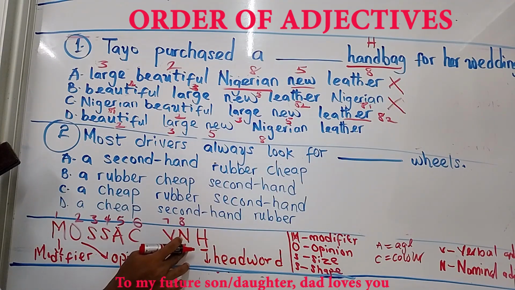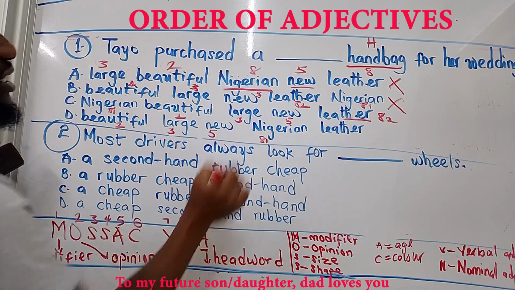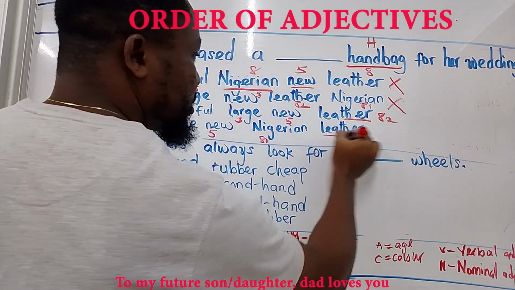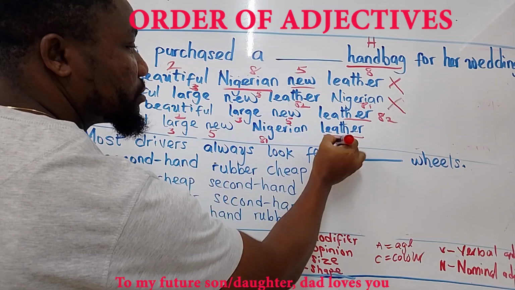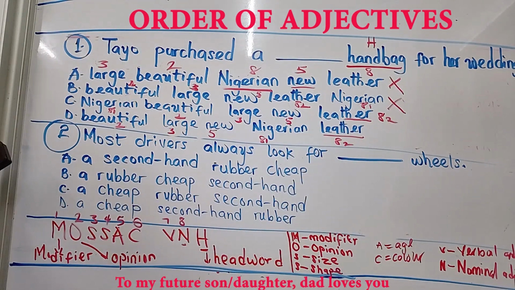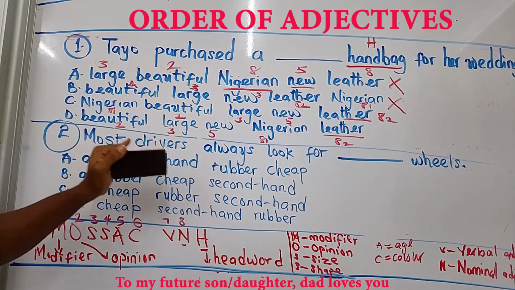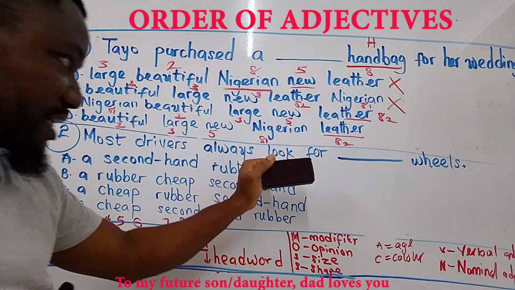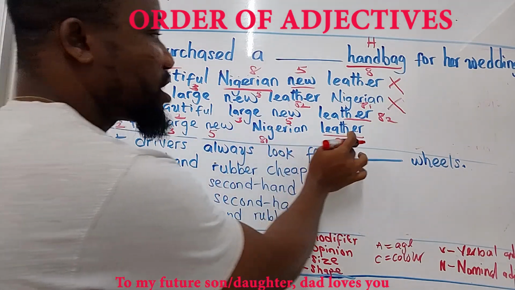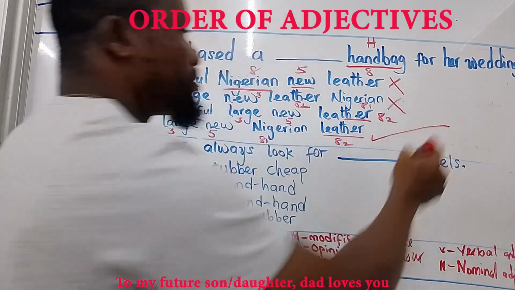Now, origin is 8, 1. Remember, origin is 8, 1. And then we have leather. Leather is also N, which is material, 8, 2. So we have 2, 3, 5, 8, 1, 8, 2. So this is the correct option.